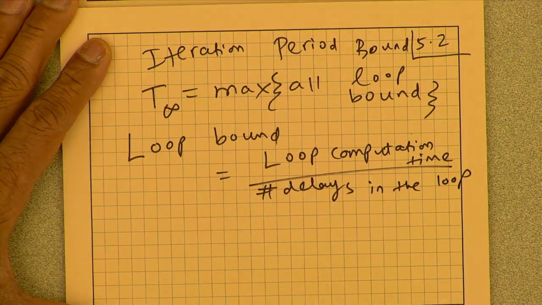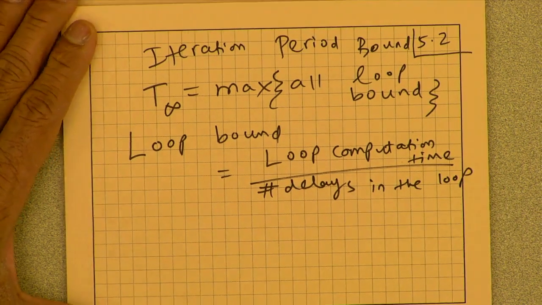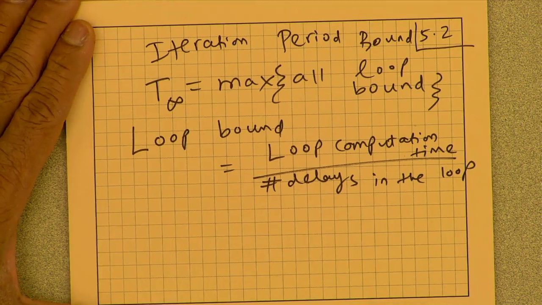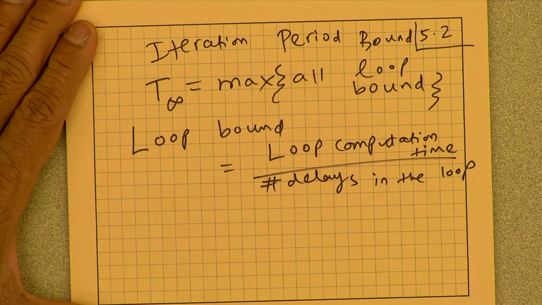So if we have a loop that has computation time 100 and has 5 delays in the loop, so that bound will be 100 by 5, which is 20, and you then take all such loop bounds, and then we can find the iteration period bound.